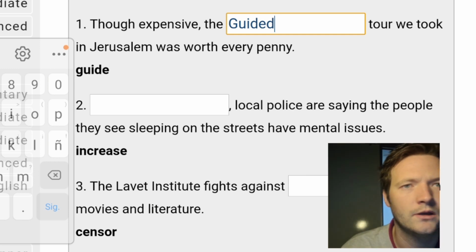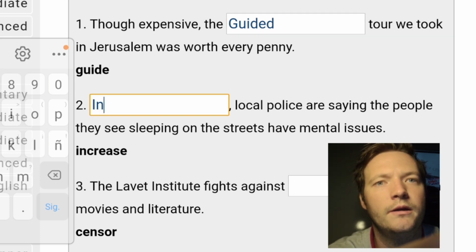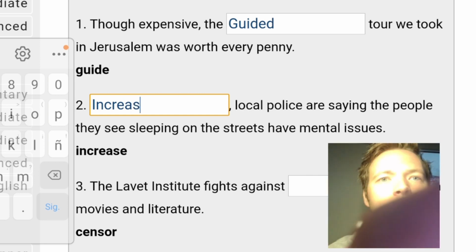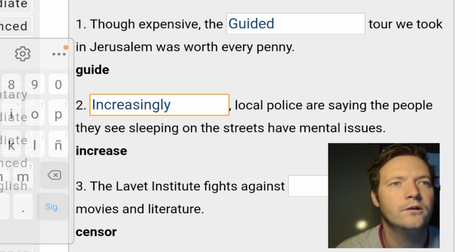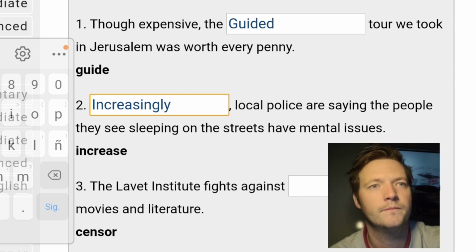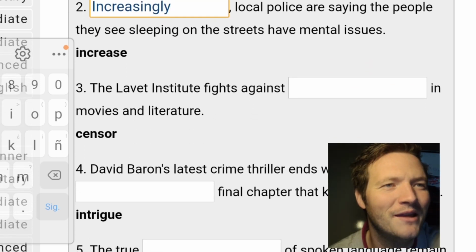This is a very common word that people get wrong. Increasingly, local police are saying the people they see sleeping on the streets have mental issues. Yeah, absolutely.